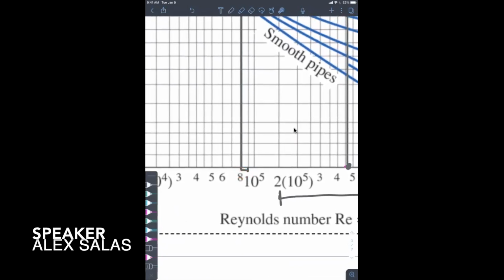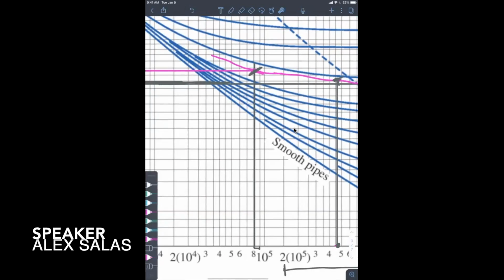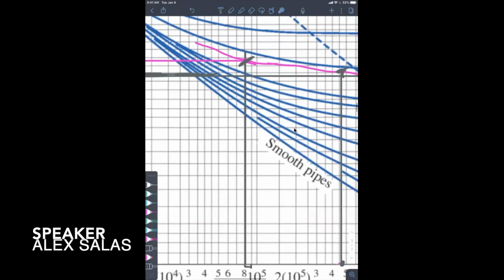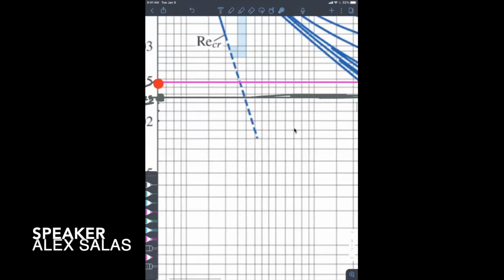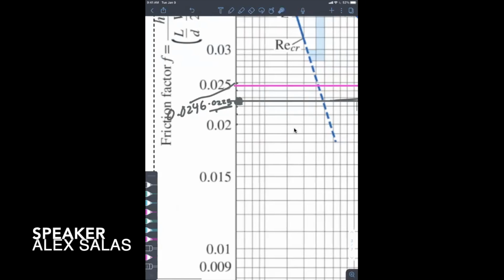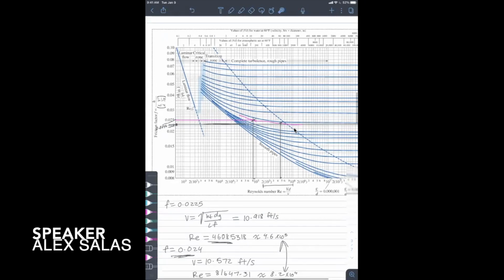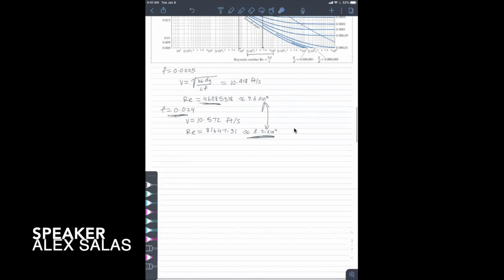It's a little bit smaller, so from 8 to 9, it's pretty small. So I just drew the line pretty close to the line of 8 because it's 8.2. Based on my estimate of how the curve will go, we follow the line that I already drew, and it goes right here. So I'm saying that that's about 0.0246. Again, it's a pretty crude estimate, but it's the best we can do.